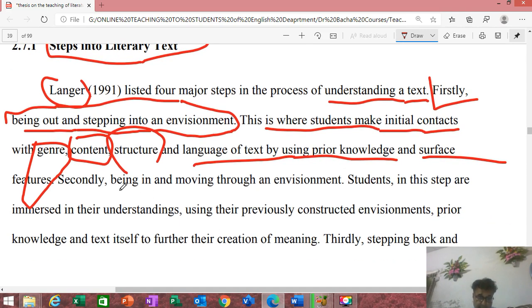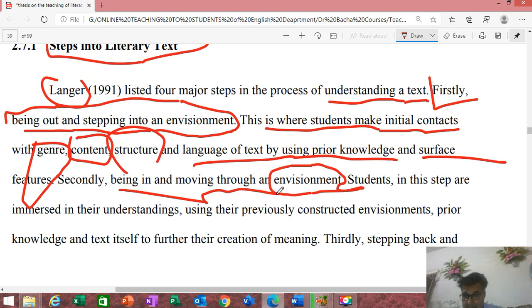And secondly, being in and moving through envisionment. The first is the environment, and the second is envisionment. So in this step, students are immersed in their understanding. They use previously constructed envisionments.